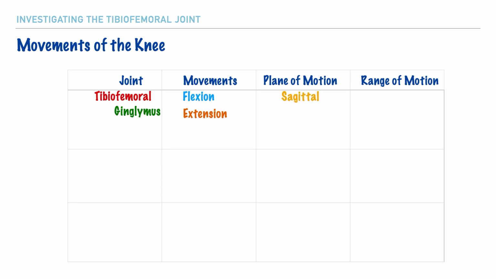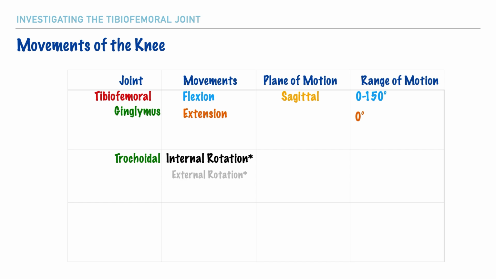Now, for flexion, the range of motion is between 0 and 150 degrees, whereas full extension is typically recorded as 0 degrees. As it pertains to the knee joint, we don't want to disregard the term trochoidal that we mentioned a moment ago. Trochoidal simply refers to rotation, and in this regard, we can say that the knee joint allows us to perform both internal and external rotation.